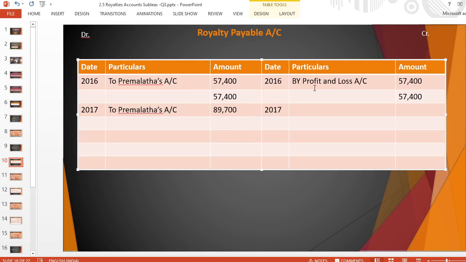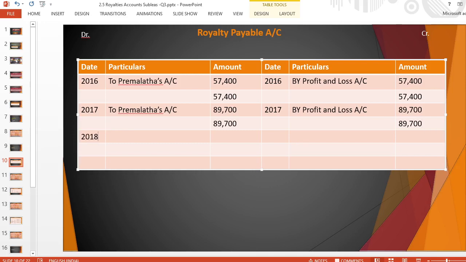Again I'll repeat the same transaction. There is no change, only two entries here. By profit and loss account, the same 89,700. There is no fluctuation. I'll write the total 89,700 on the debit and 89,700 on the credit side.